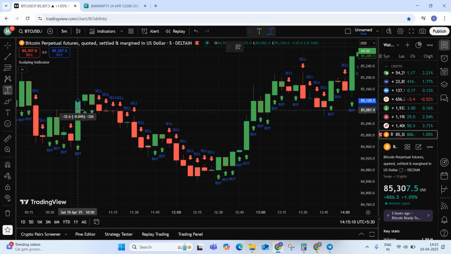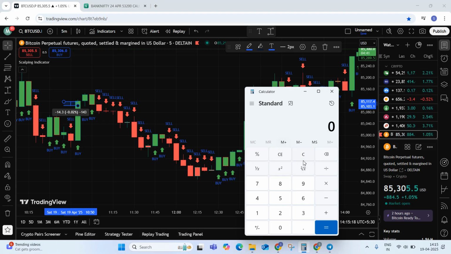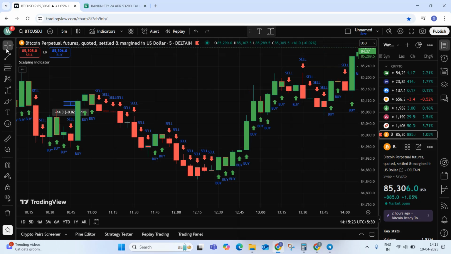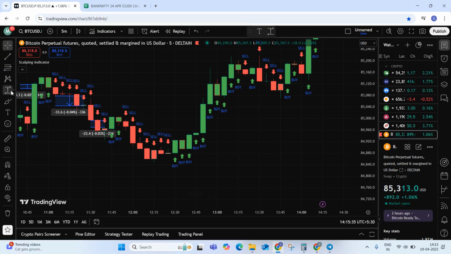Okay, like this, if you enter, okay, it went up to 23.4 and as trailing stop loss, here you got minus 14, right? Minus 14 points in one trade. So after that, our indicator gave a signal to short Bitcoin, and again here we got 33 points, here we got 23 points.